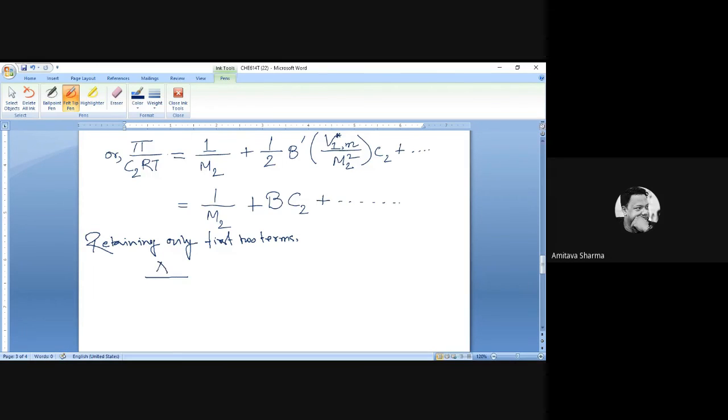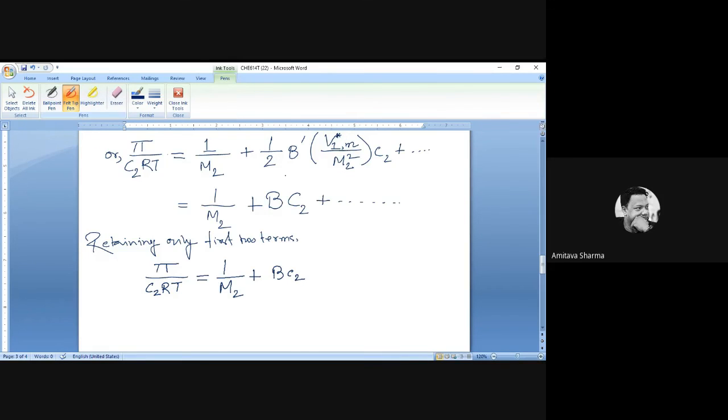I can say pi by RT equals 1 by M2 plus this C2.